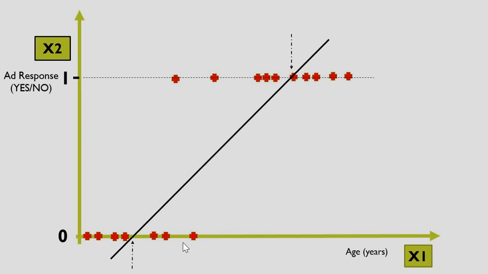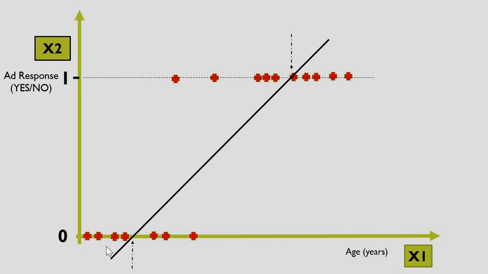And the opposite is also true. As the age of a person is lower, you can see that there is a lower chance of responding to this advertisement that the company is sending. So it's some kind of trend.